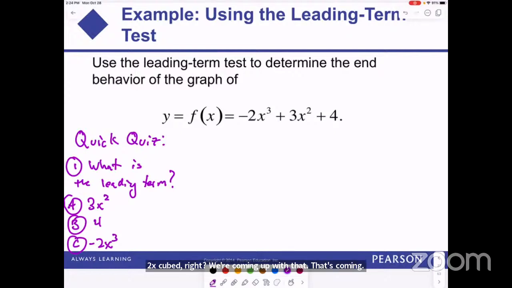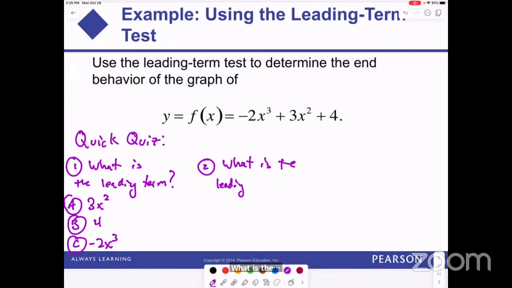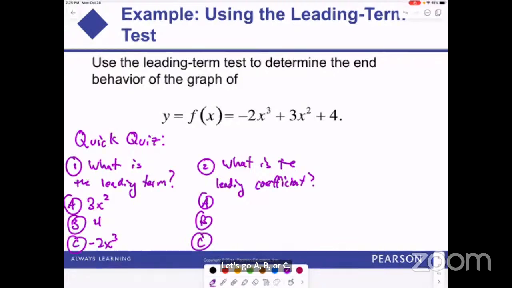Question number 2: what is the leading coefficient? A, B, or C: 3, 4, or negative 2.